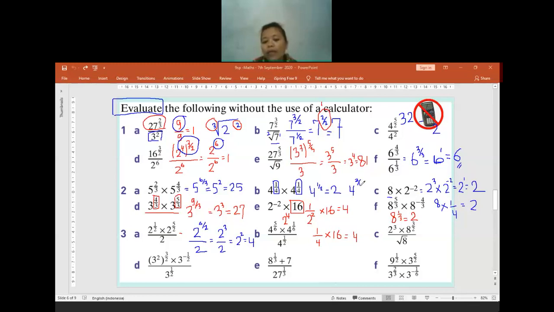The 2 per 4, we can simplify it into a half. Remember, when we have a power a half, it will be the same thing as we square root the base number. It is 4 to the power of a half. So the answer will be the same thing as square root of 4. Square root of 4, the answer will be 2.